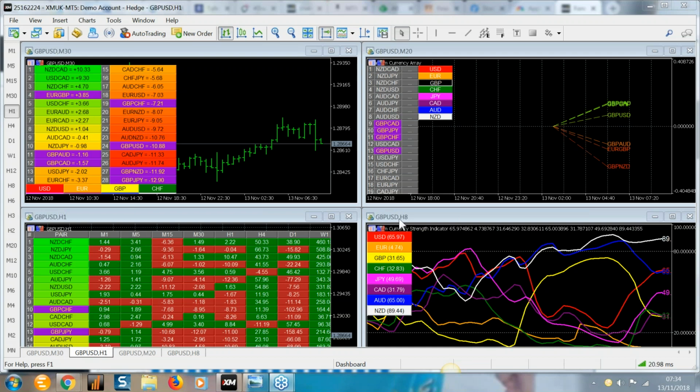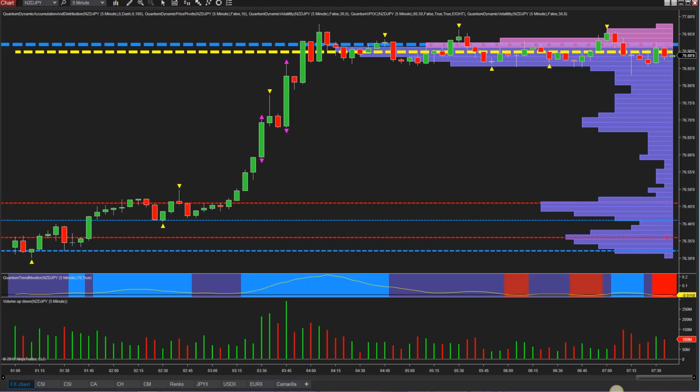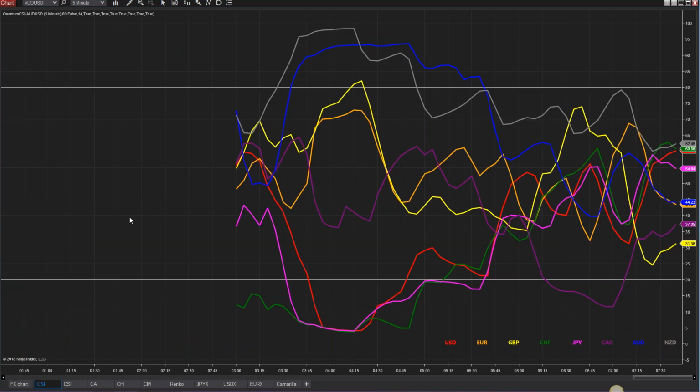Just switching screens, just pull up my NinjaTrader screen. There we go, it should be coming up. I've got this on a 5 minute, and let's just go to the CSI. And basically, I'll try and explain this in a very simple way, hopefully, and also, I'm just going to pass back to Anna. She just wants to say something else.